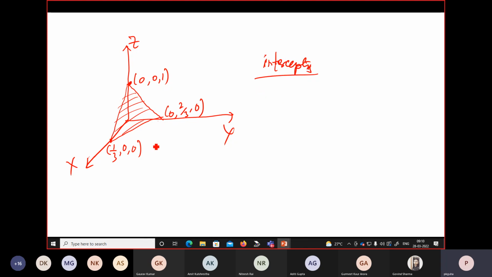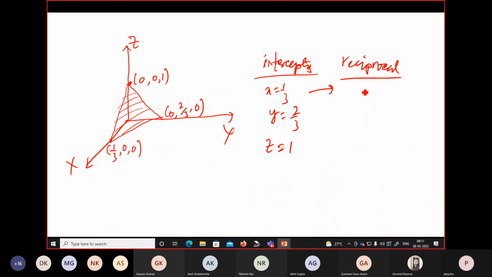The intercept in this case is x equal to 1 by 3. On the y axis it is 2 by 3. On the z axis it is equal to 1. One needs to take the reciprocal of this. The reciprocal here is 3, here it is 3 over 2, and here it is 1.